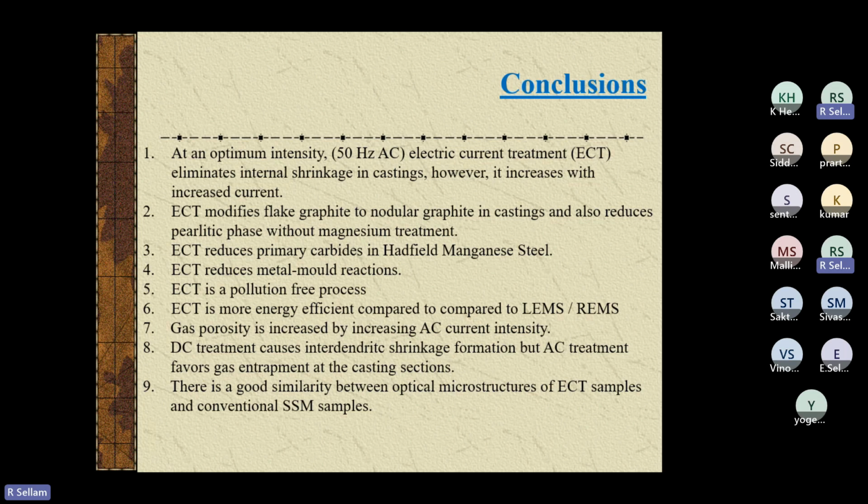It's a pollution-free process, and more energy efficient compared to linear electromagnetic stirring or rotational electromagnetic stirring. Gas porosity is increased by increasing AC current intensity. DC treatment causes instantaneous shrinkage formation, but AC treatment favors gas entrapment at the casting sections.